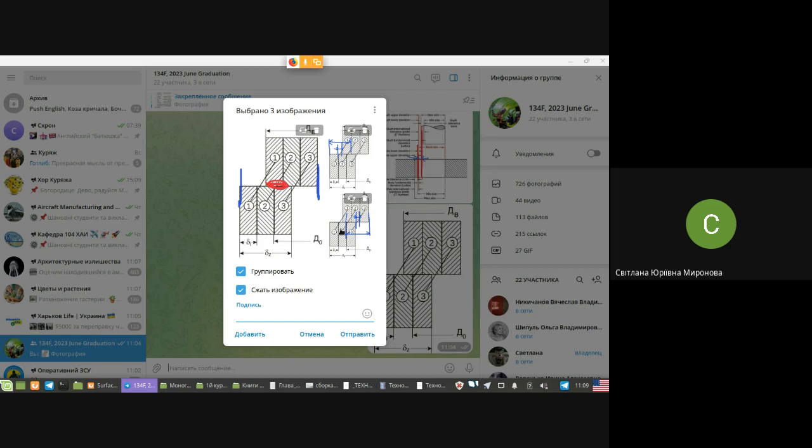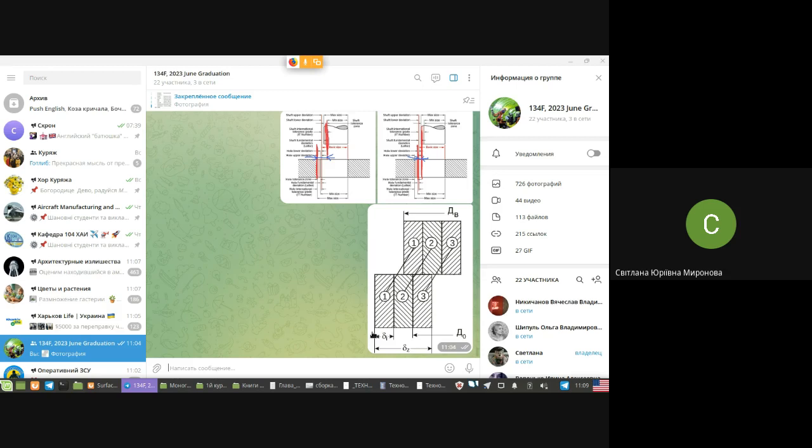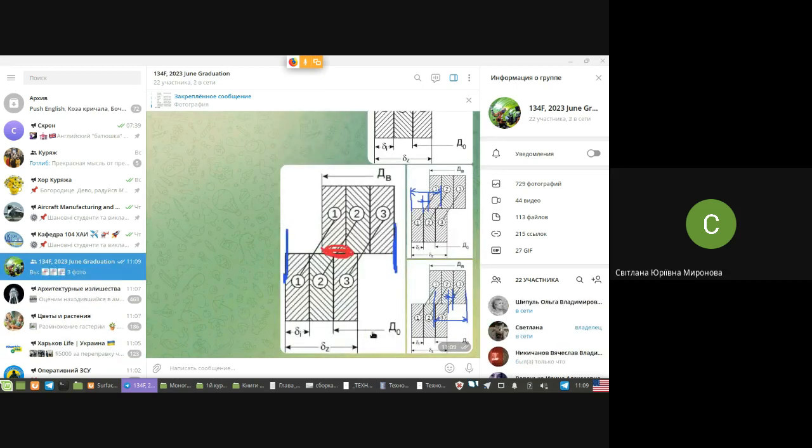So what is the idea of selective assembling? What is the idea of selective assembling? That you do not change the accuracy of parts, you do not narrow their field of tolerance, the value of tolerance for these parts, but you increase the accuracy of assembling anyway. How do we increase the accuracy of assembling?